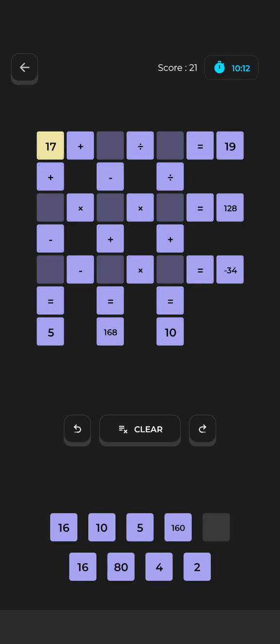Okay, so 17 will come here for sure. Then we have a minus b equals to minus 12. So I can get a minus b equals to minus 12 by 16 and 4 only, I think. Yep, 16 and 4. So it will be 4, 16, and it still gives us two options for 17 divided by, if I do 160 divided by 80.